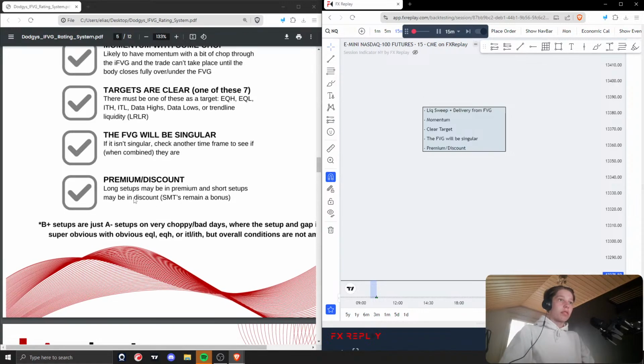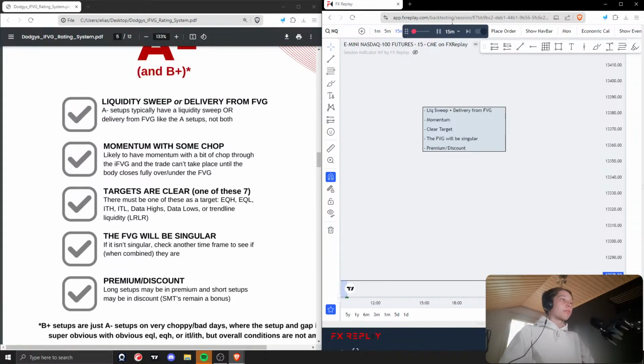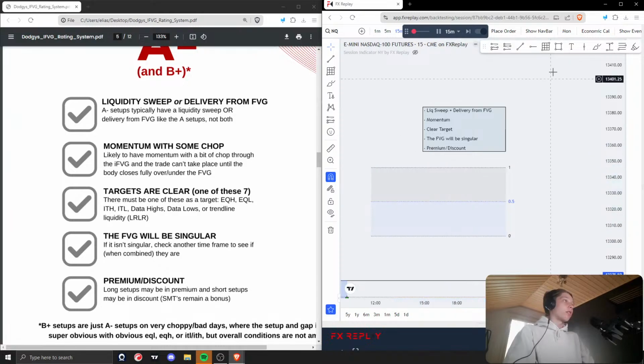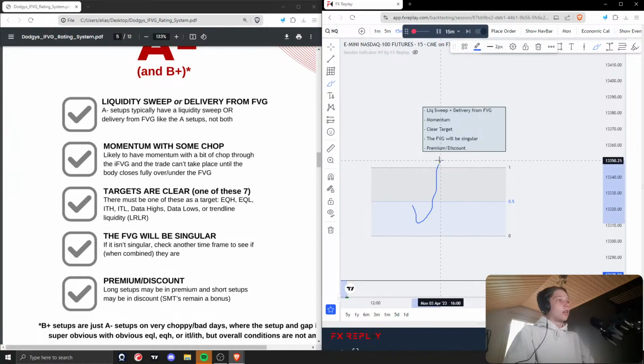Premium / discount. Long setups may be in premium and short setups may be in discount. Meaning you most often want to take the shorts in premium and the longs in discount, but sometimes you might get a long setup in premium like that.